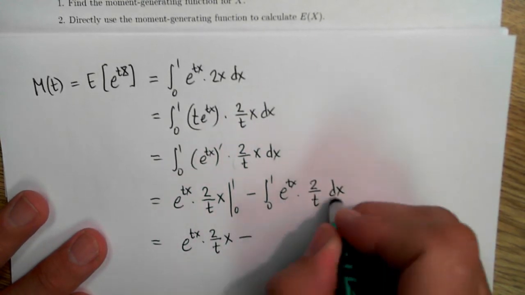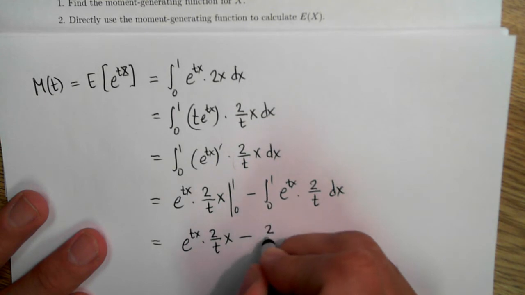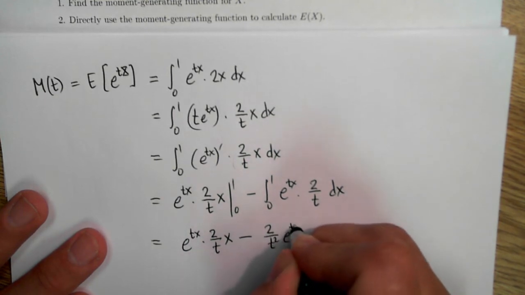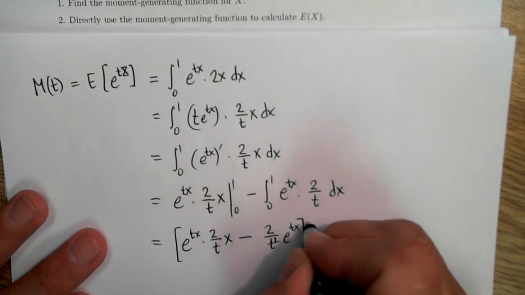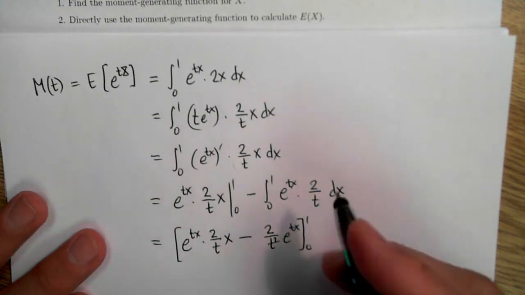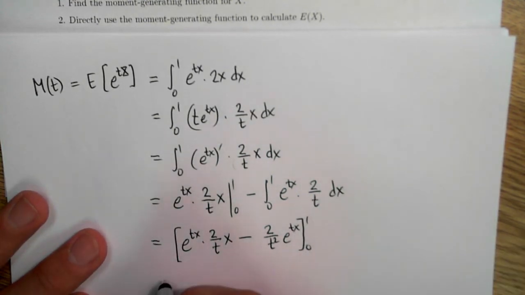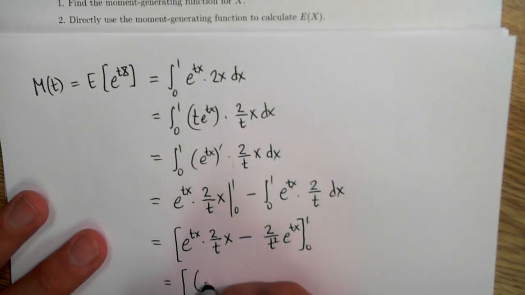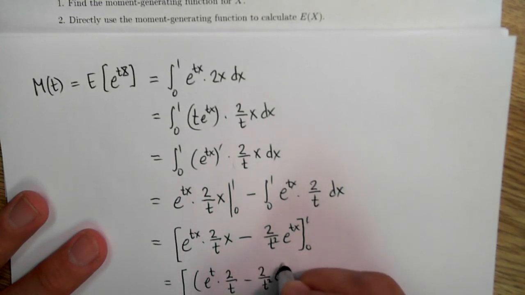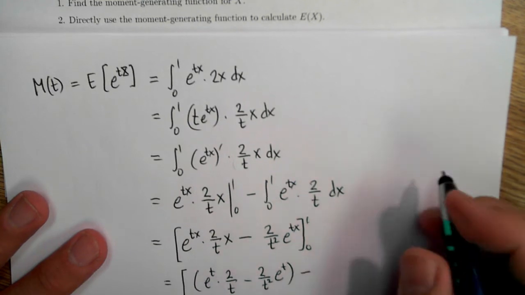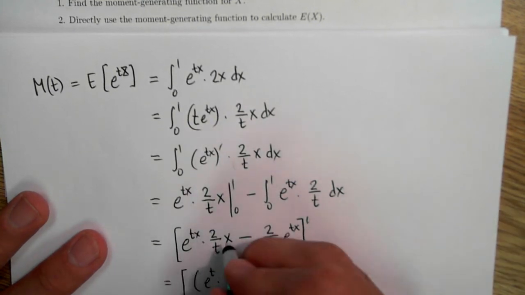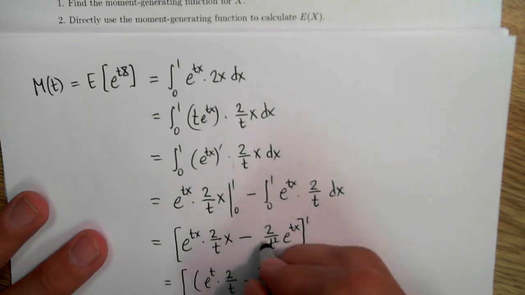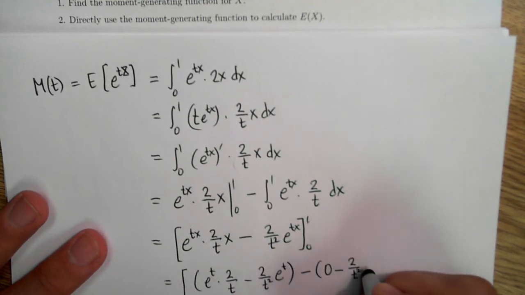Then the antiderivative of this will be 2 over t squared e to the t times x. And we evaluate this between 1 and 0. And I'm plugging in for x, not t. Everywhere I see an x, I replace by 1. I get e to the t times 2 over t minus 2 over t squared e to the t. Then everywhere I see an x, I replace by 0, so 0. And then over here I have minus 2 over t squared.